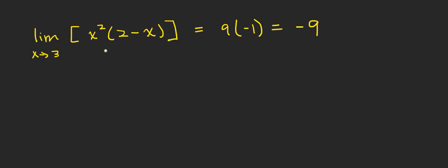If you graph this and find the y value as x approaches 3, you'll notice that the y value of this function will approach negative 9. But the easiest way of doing the limit is to just substitute the value and see what you get. That will be the answer.